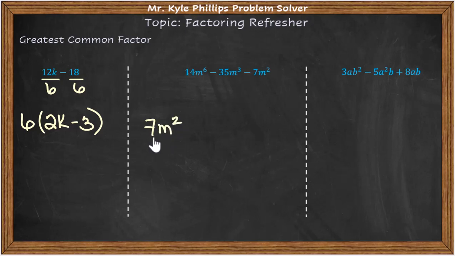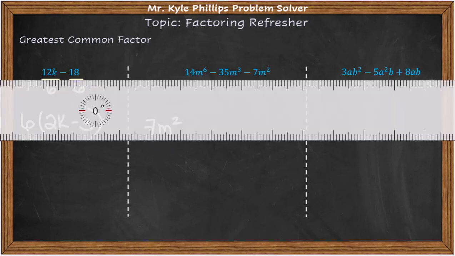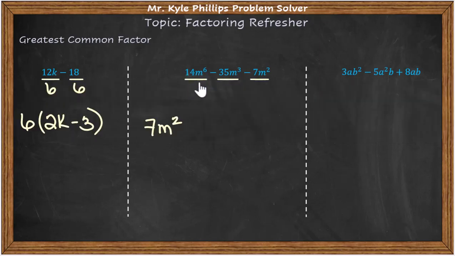Now remember, factoring is synonymous with division. So just so we have a visual, I'm coming through and dividing every term by 7m squared. This gives me the remaining factor. So 14 divided by 7 gives me 2. Remember that when you're dividing with powers, you subtract.